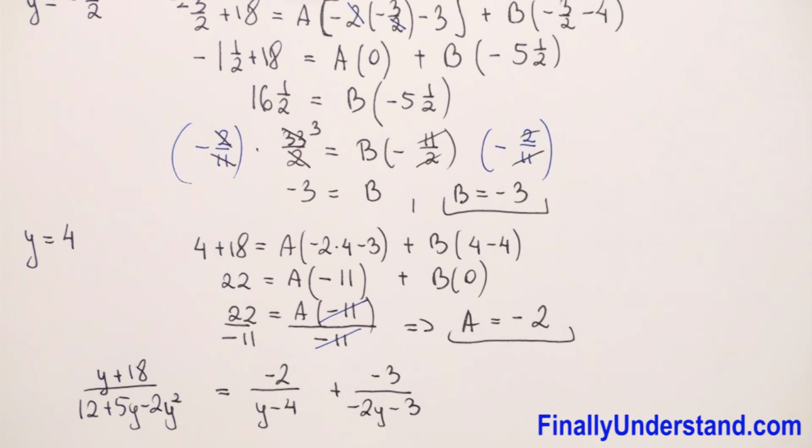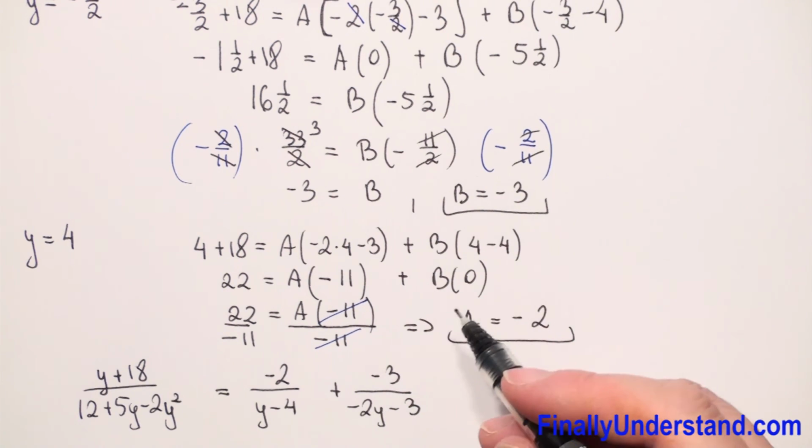What else can we do? You can always check: when we add these two fractions, you will get exactly what you have on the left side. But what we can do here, we have negative 3, and in the denominator we have negative and negative, so we can factorize the negative sign.